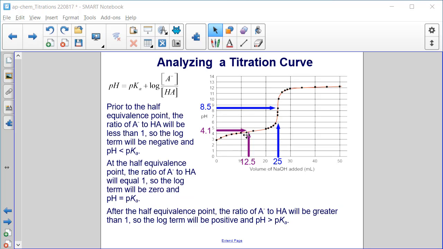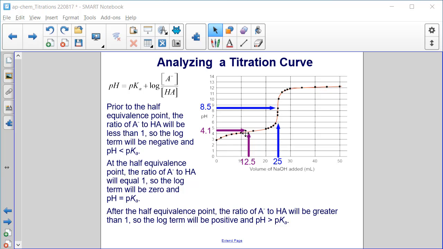Prior to the half equivalence point, so over here, there will be less of the conjugate base and more of the acid. So the ratio of A minus to HA will be less than 1 because this concentration is greater. So the log term will be negative. So this ends up pKa minus. So the pH will be less than pKa.